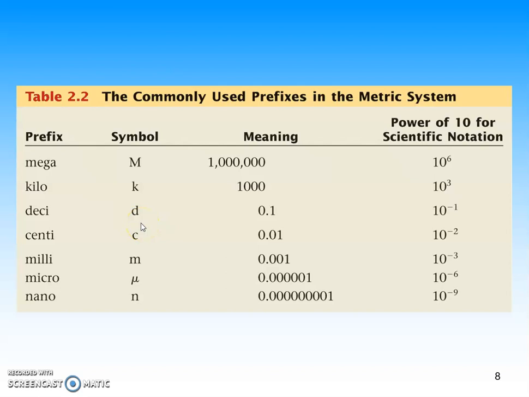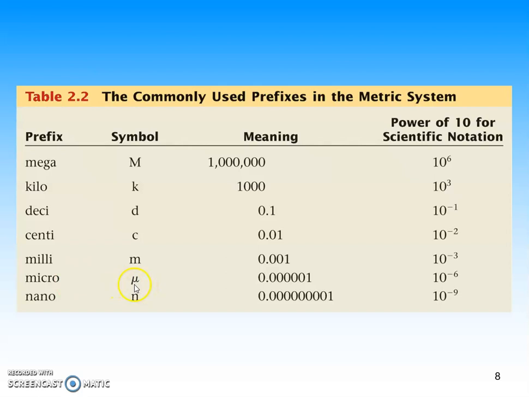Deci, symbol small d, meaning 0.1, in scientific notation 10 to the power minus 1. Centi, symbol small c, meaning 0.01, 10 to the minus 2. Milli, small m, means 0.001, 10 to the minus 3.